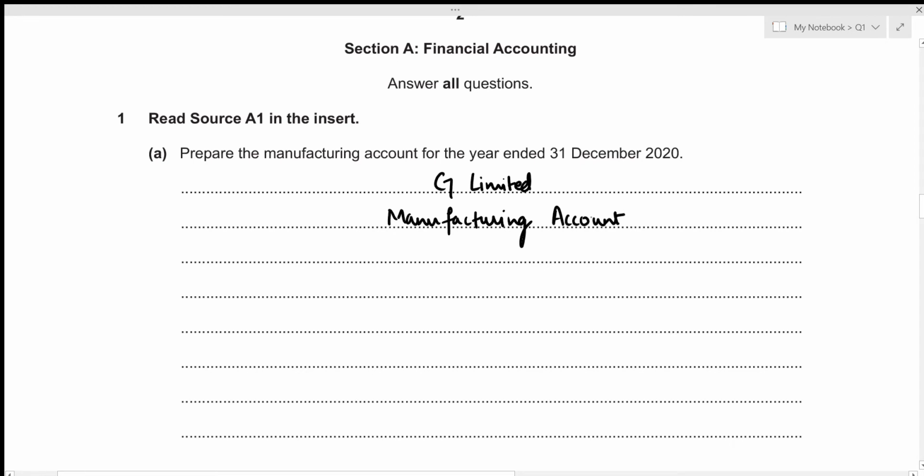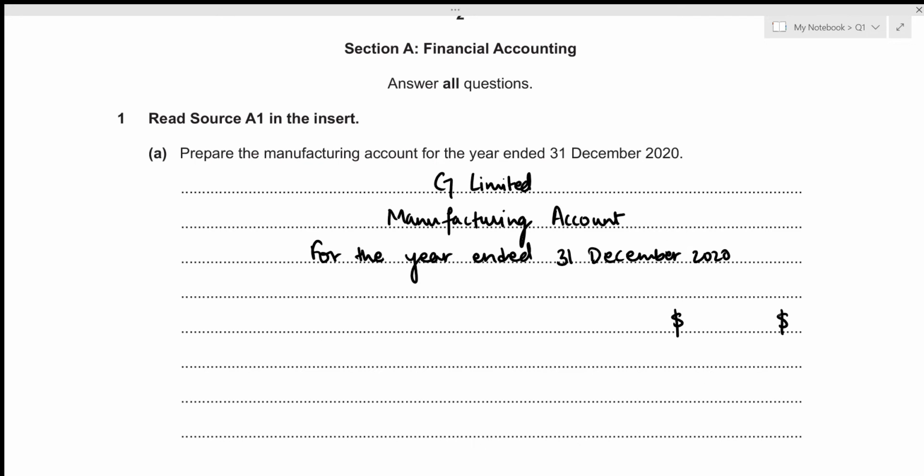And we are preparing this for the year ended 31st December 2020. Okay, so if we're talking about manufacturing account, we only include the costs that are related to our factory, and we divide these costs into two sections.